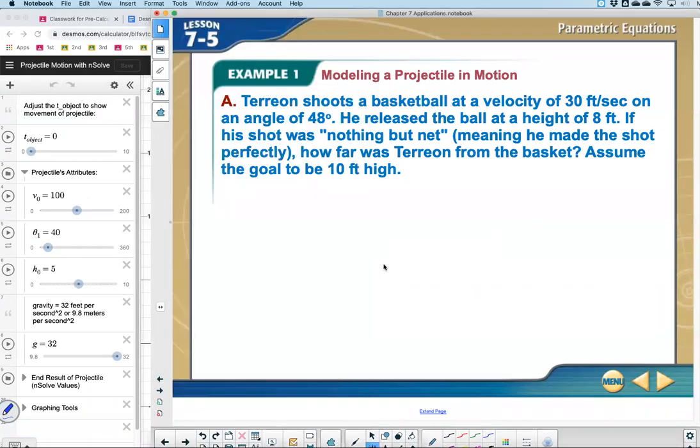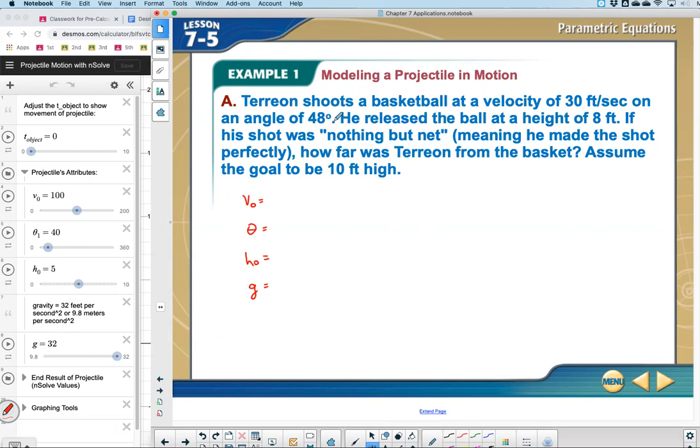If you use my calculator for projectile motion, there's really 6 values that you can fill in, but not all are needed. What are needed are your initial velocity, the angle, the initial height, and the gravity constant, depending on meters or feet. I had mentioned over here that gravity can be 32 feet per second squared or 9.8 meters per second squared.